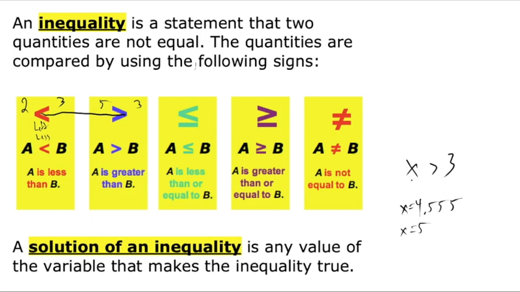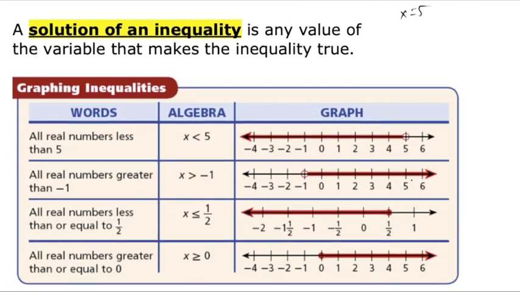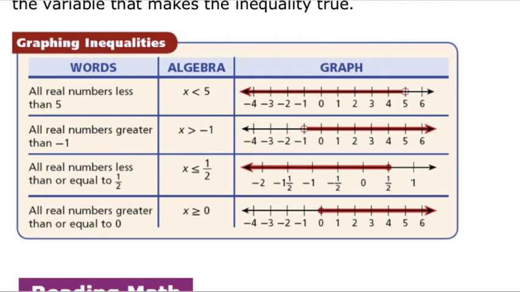Because of that, we typically graph our answers for inequalities. You've probably graphed inequalities in the past, but we're just going to talk about it again. Notice that we have number lines, and we're going to shade part of the number line depending on what we're looking at.